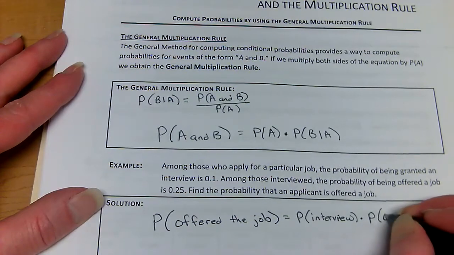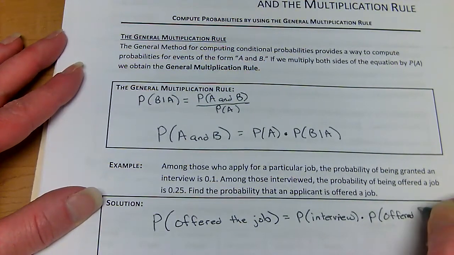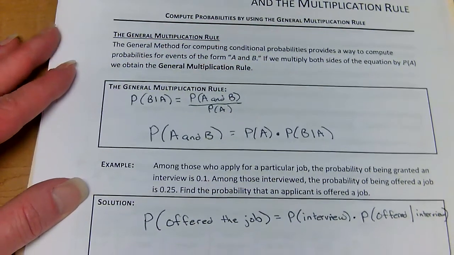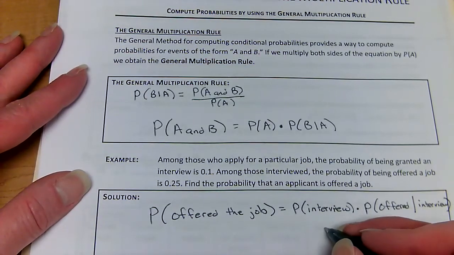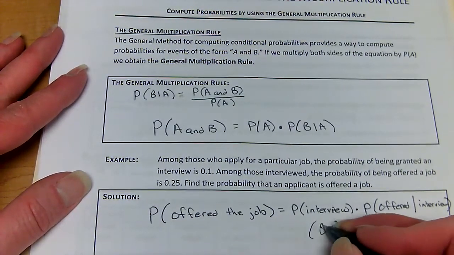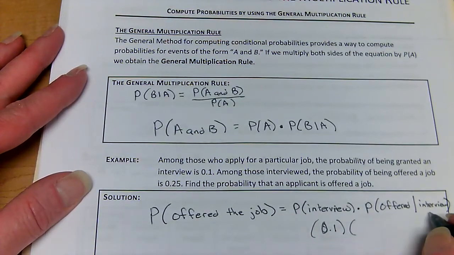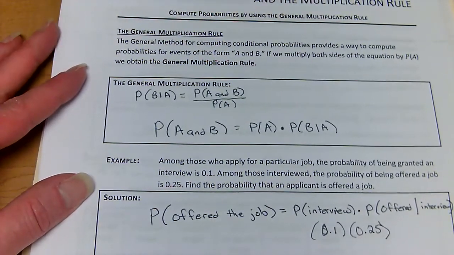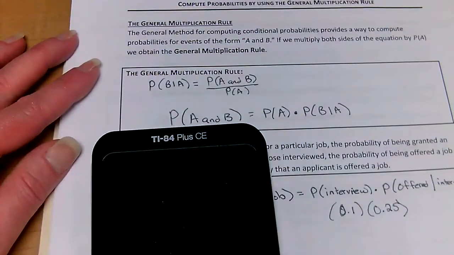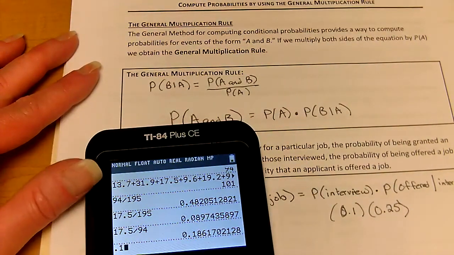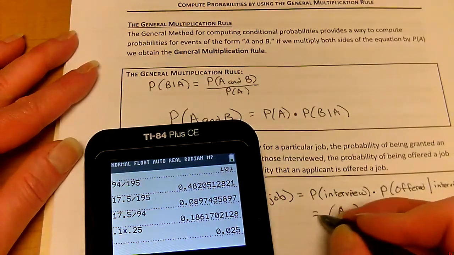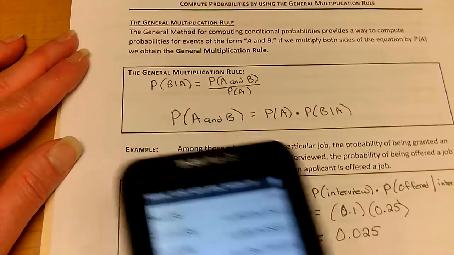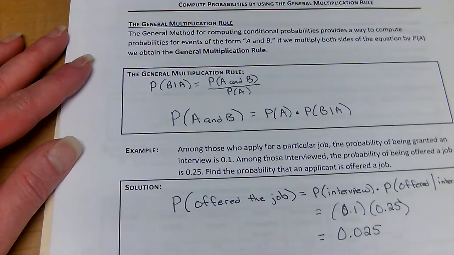So the probability of offered given that they were interviewed. So the probability that they were interviewed was 0.1. Whoops, that's a 0. And the probability that if they're interviewed, they get offered the job is 0.25. So the probability that they were offered a job, we have to know that they were interviewed first. That's 0.1 times 0.25. The probability that they're going to be offered a job is 0.025 because they have to get interviewed first.